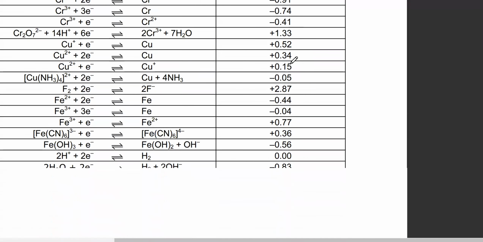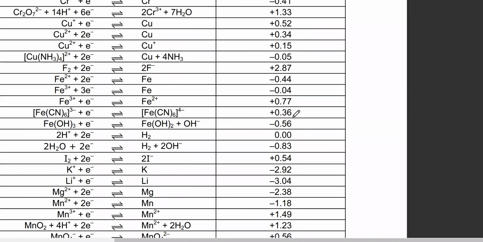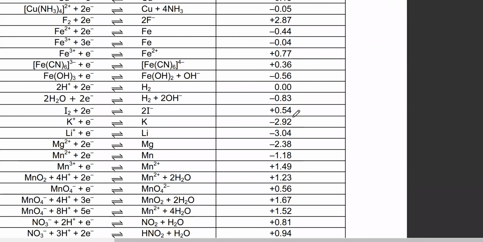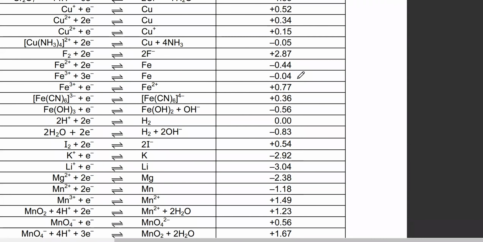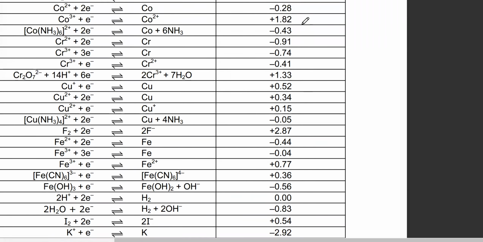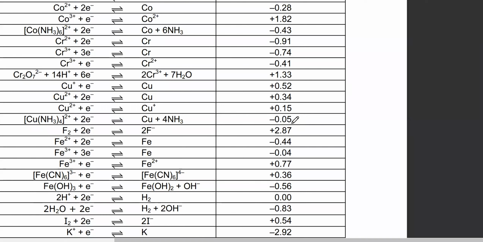So for some reason, we don't have anything close to 0.15. Let's take minus 0.04, this one.